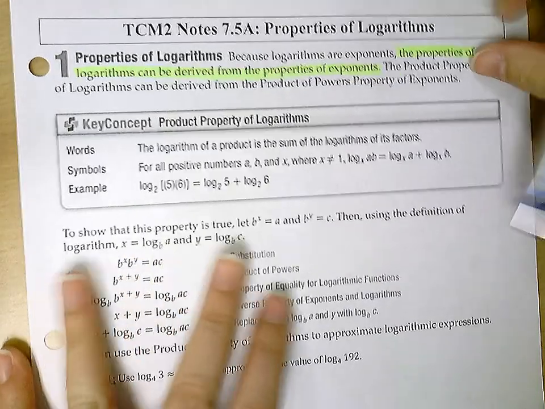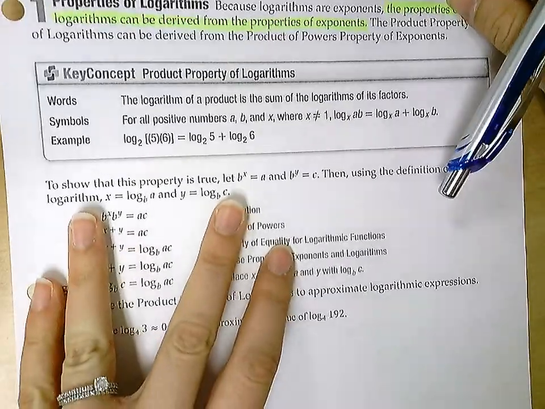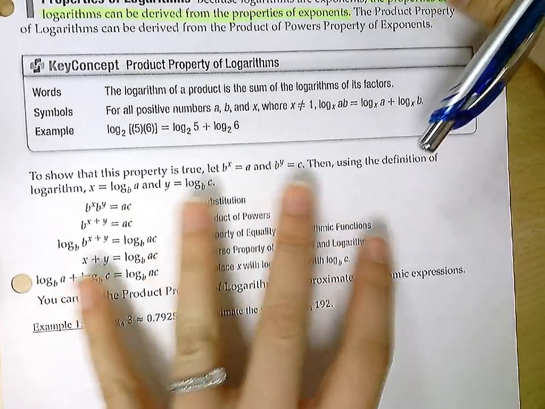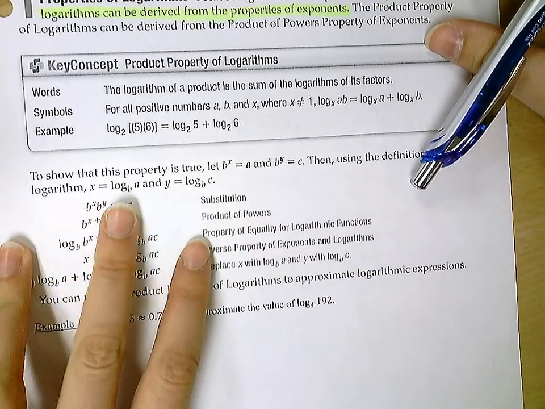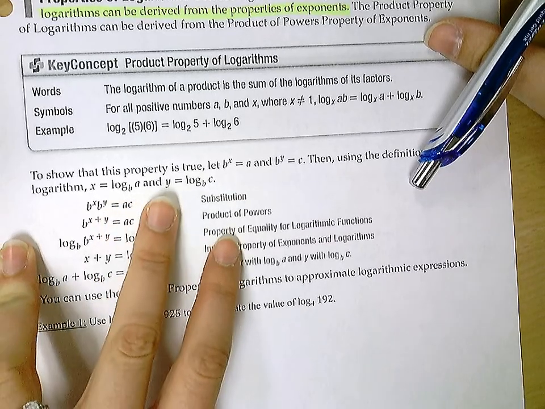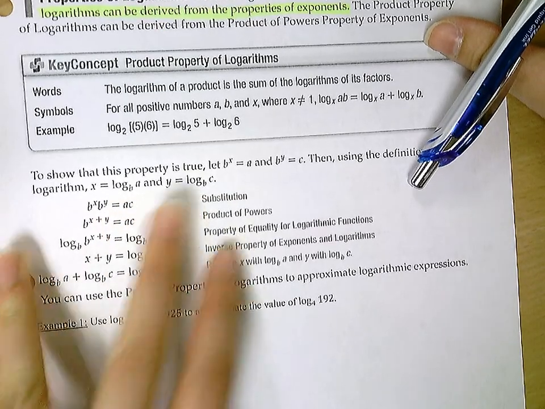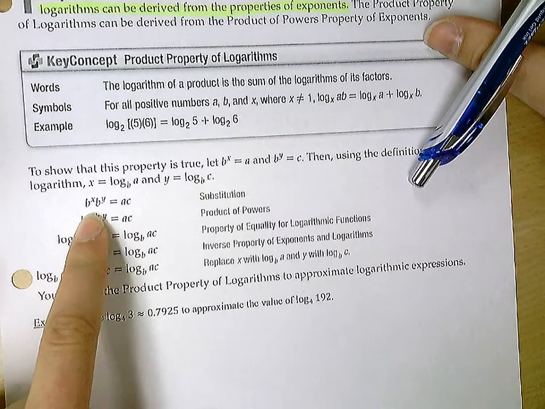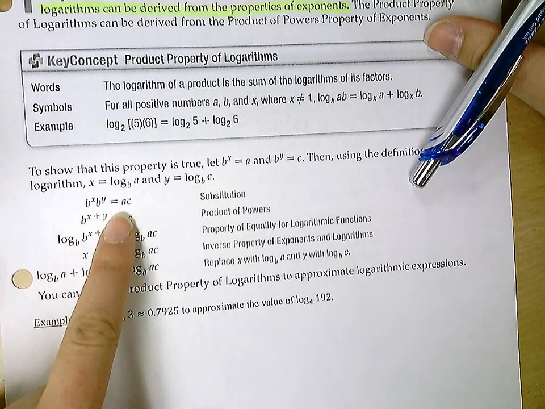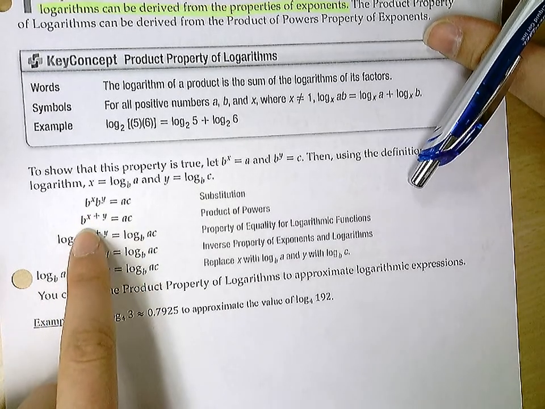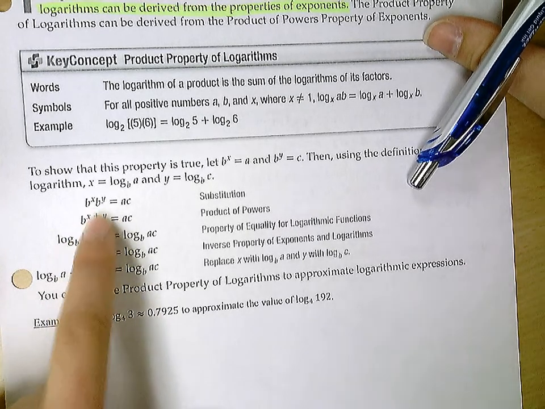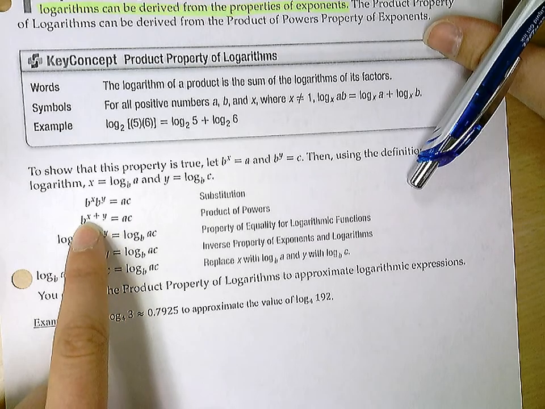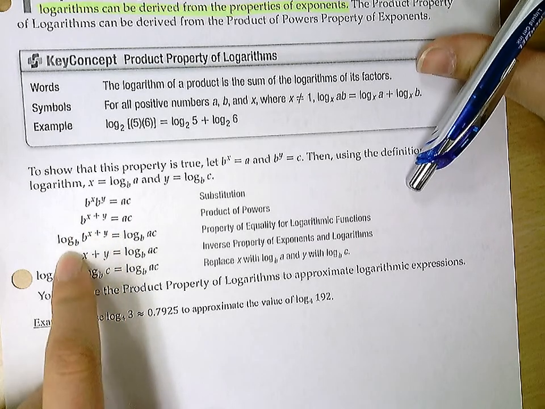So let b raised to the x power equal a and b to the y equal c. Then using the definition of logarithm, x is equal to log base b of a and y equals log base b of c. So I have b to the x power times b to the y power equals a times c. Product of exponents here, I can add those exponents together since I have the same base.